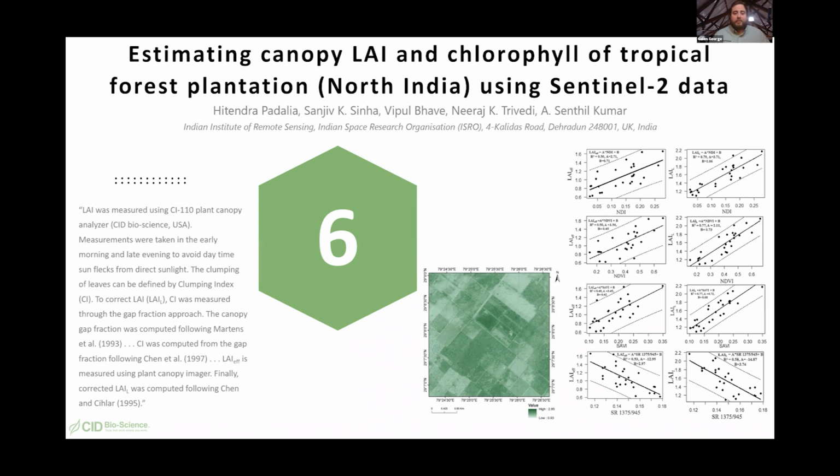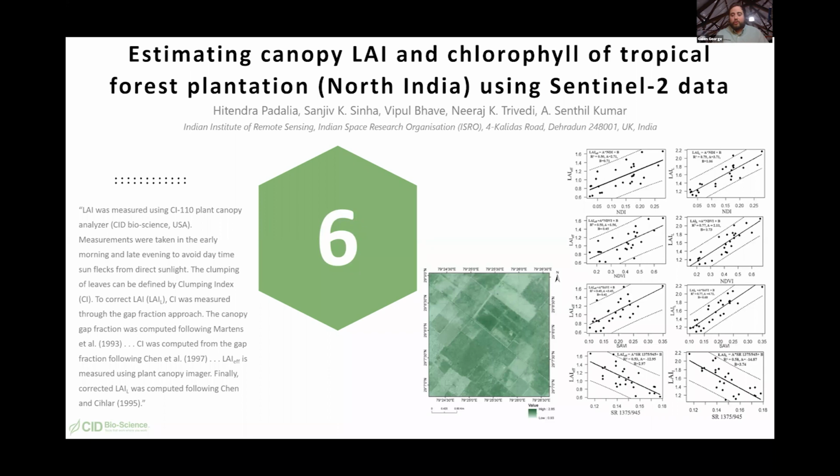This study takes it a step further, and they were trying to utilize images from the Sentinel-2 satellite and find a way to get accurate vegetative index readings simply from the Sentinel-2 images that they were getting. And so they were using the CI-110 as their reference method, and using that to create these relationships or regressions between the LAI and various vegetative indexes like the NDI and NDVI.